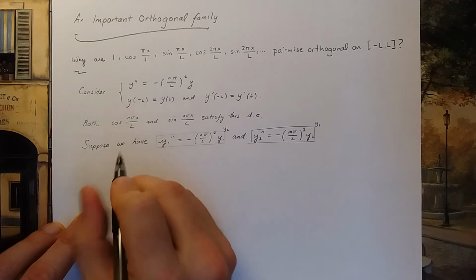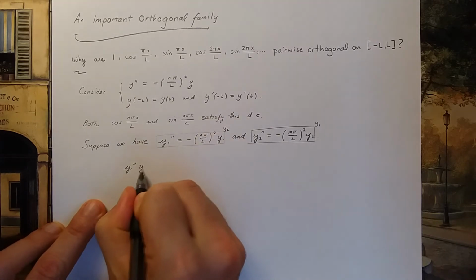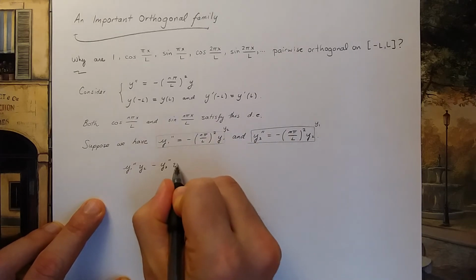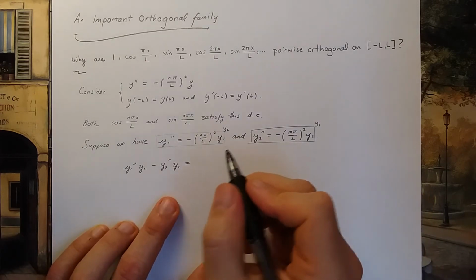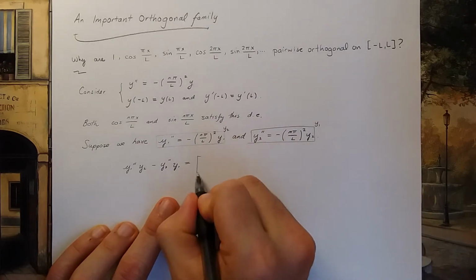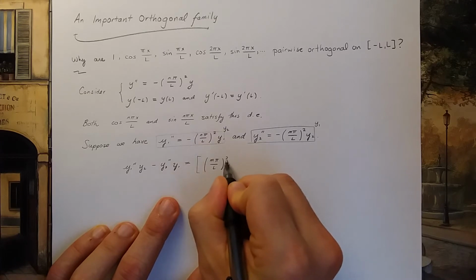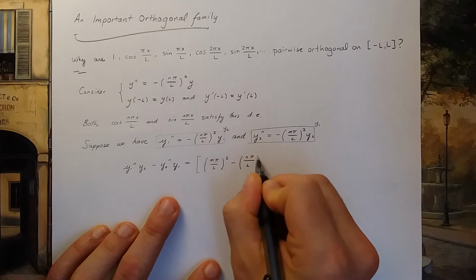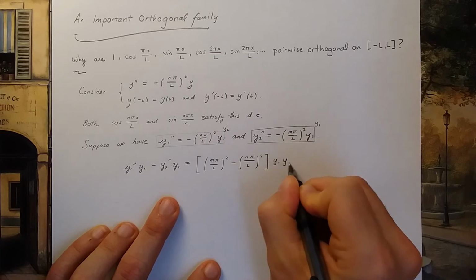So if I do that, I think I'll get y1 double prime y2 minus y2 double prime y1, and that should equal m pi over L squared minus n pi over L squared times y1 y2.